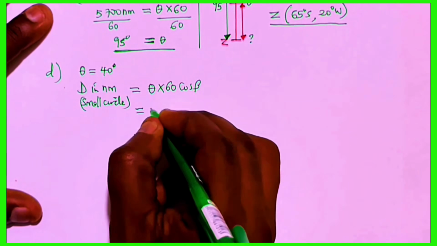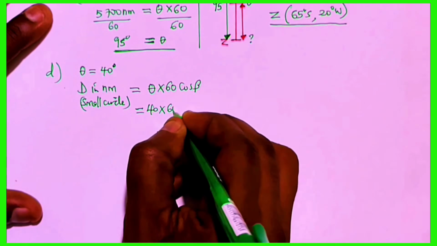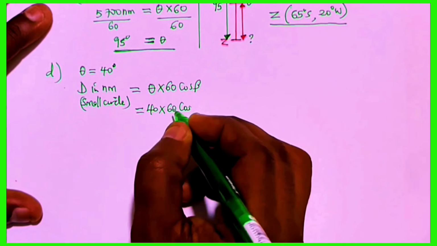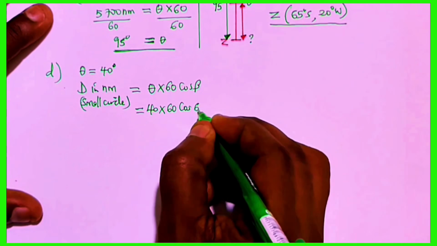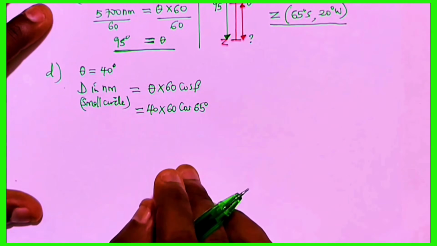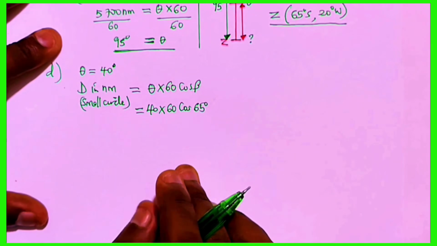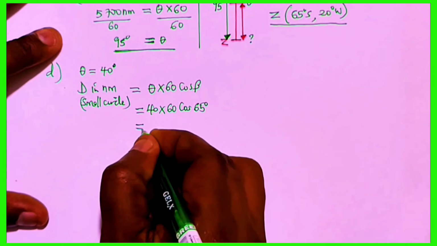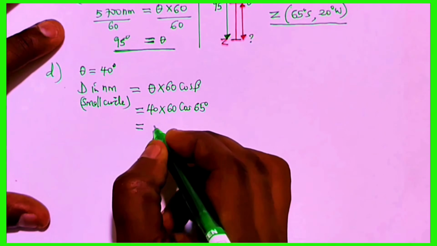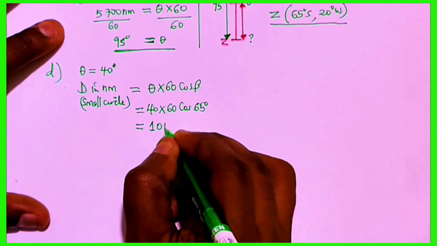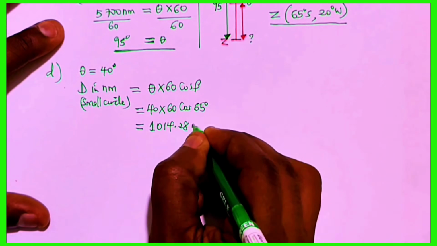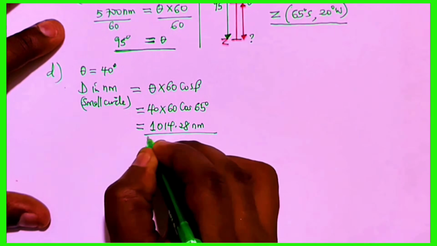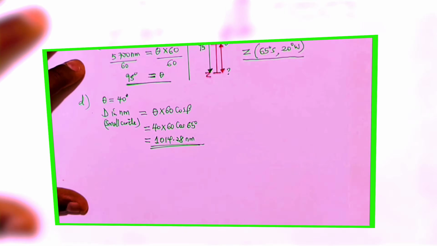And therefore the value of theta is 40, and then we multiply by 60 cos, and the value of beta is 65 degrees, the latitude on which those 2 points lie. And therefore by multiplication, we are going to get our answer as 1014.28 nautical miles. And this is the final answer.